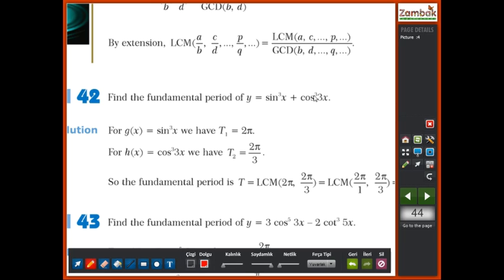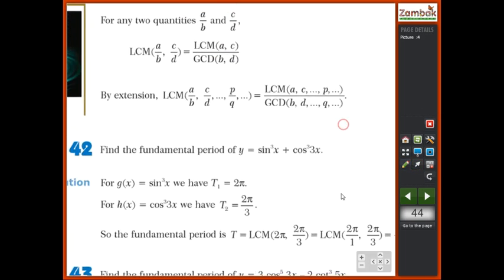Now the period of this function is just the least common multiple of these two periods. Least common multiple means the smallest number that can be divided by 2 pi and 2 pi over 3. To find that number, we will use this rule here.